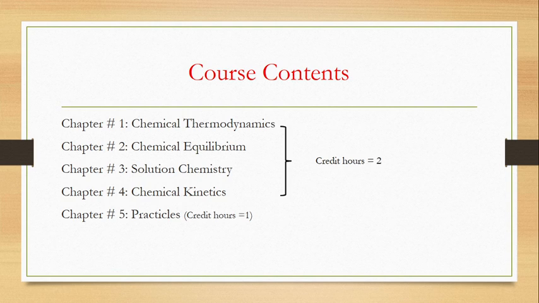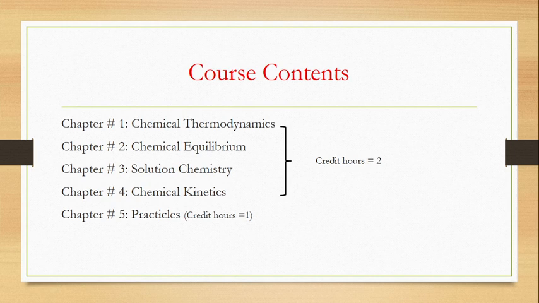And in solution chemistry, we will discuss the concept of molality, and all other concepts involved. And in chemical kinetics, we will discuss the rates of chemical reaction, Arrhenius equation, and other concepts related to kinetics. However, in chapter 5, we will discuss a list of practicals one by one in our lectures.